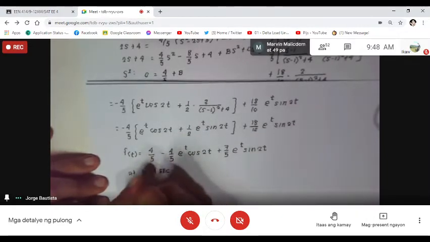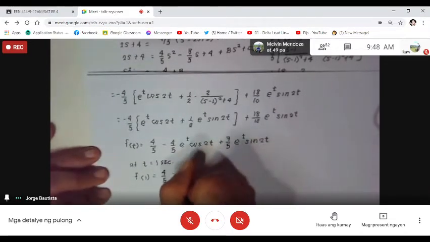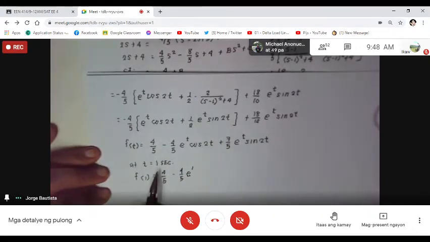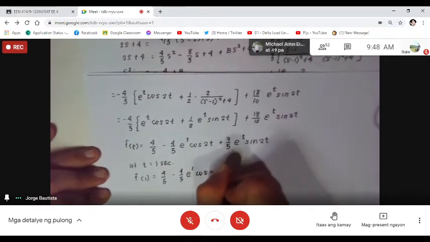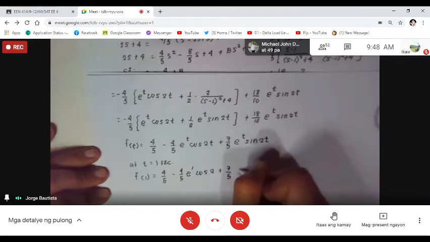So, magsa-substitute ka ng 1. So, that's 4 over 5, okay, minus 4 over 5 e raised to 1 because that is with t. No? Then you have cosine 2 plus 7 over 5 e raised to 1, you have sine 2.